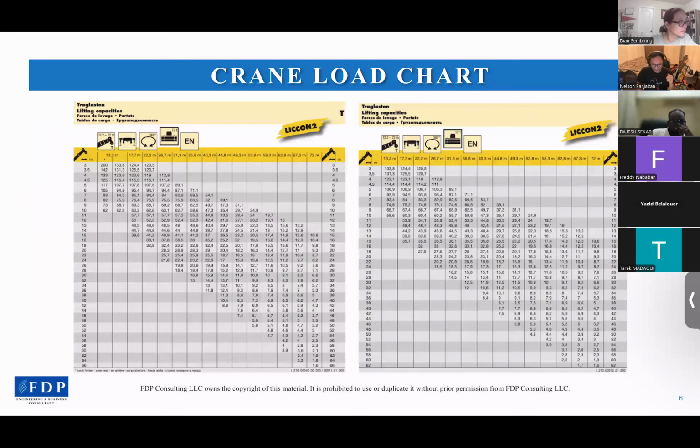I hope all of you are already familiar with how to read the crane load chart or crane table. As we've seen here, there are many tables showing the crane capacities at several radii.